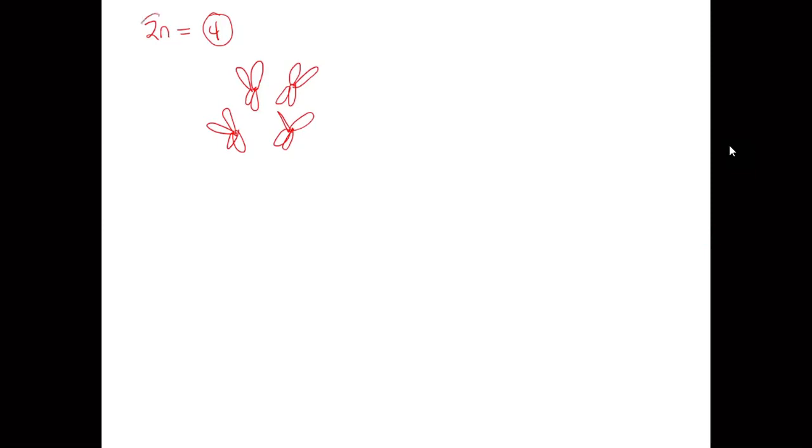The notation on the left is the number of sets of chromosomes that the organism has. So in this case, 2N would mean this organism has 2 sets of chromosomes.